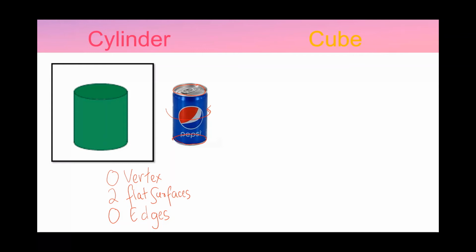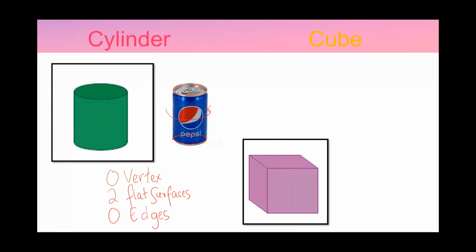Now, next we have a cube. What thing around you looks like a cube? There are many things around you, right? Like an ice cube. Or can you think of any other thing that looks like a cube?